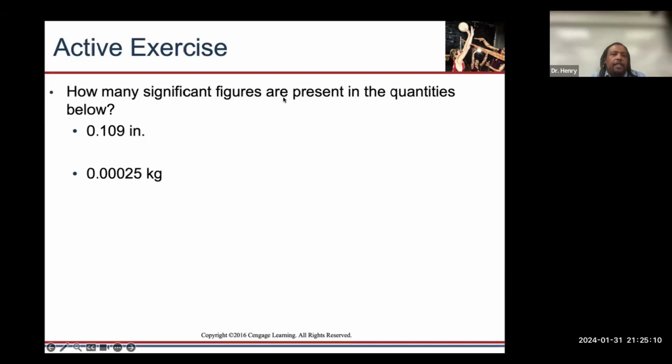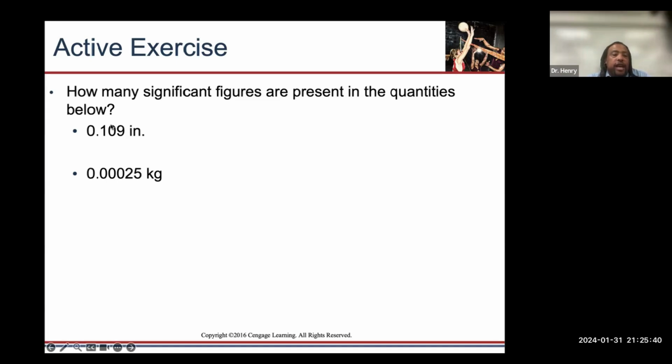So how many sig figs are present in the quantities below? 0.109 inches. You guys want to take a guess?